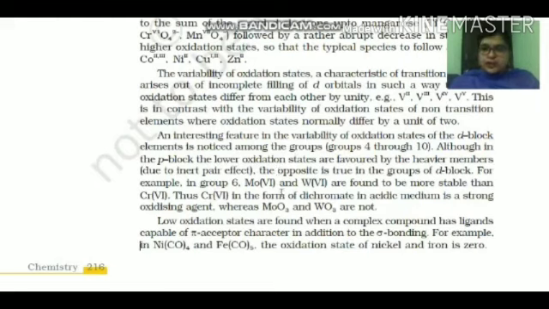Here the heavy elements like molybdenum and tungsten are found to be more stable in higher oxidation state.